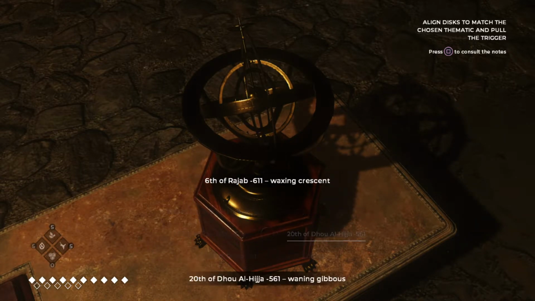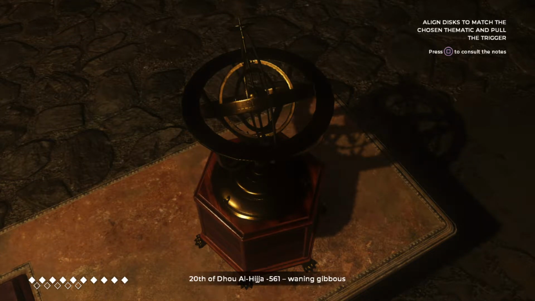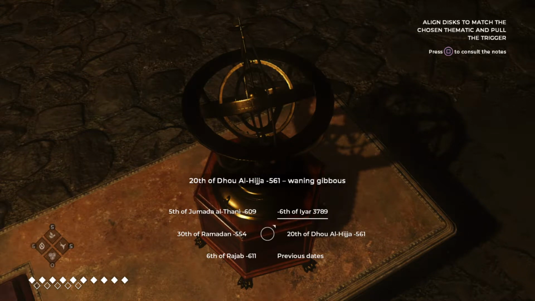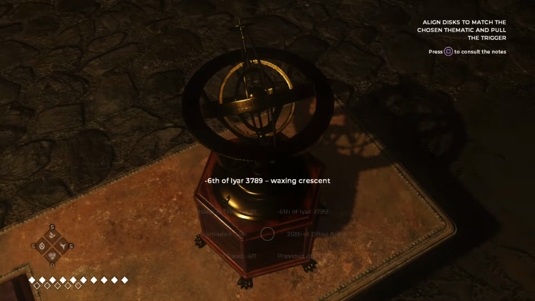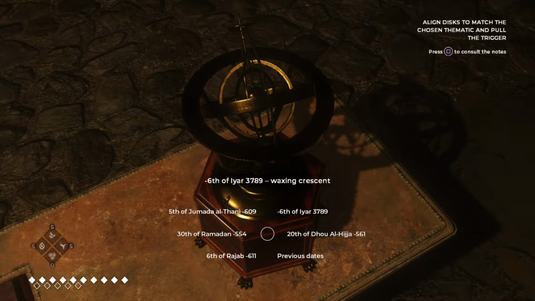Okay. 20th of Dhu al-Hijjah, 561, waning gibbous. So this must be crescent? 6th of Layar, 3789, waxing crescent. Wait, so... What the hell?